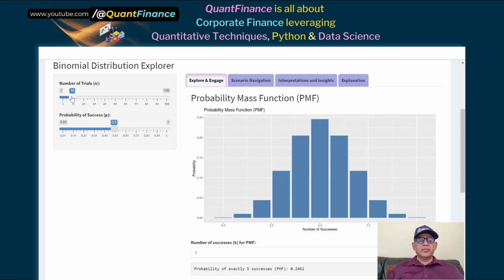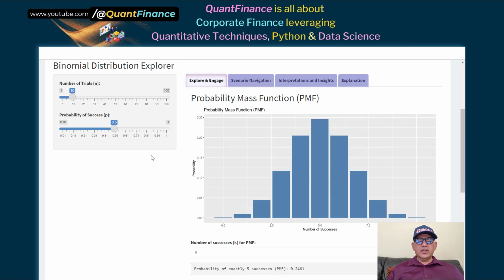And here the number of trials we have taken is 10 and we are trying to find the number of successes. If it is exactly 5, then it came out to be 0.2461, which is a 24.61% chance that there will be 5 defaults if there are 10 trials.